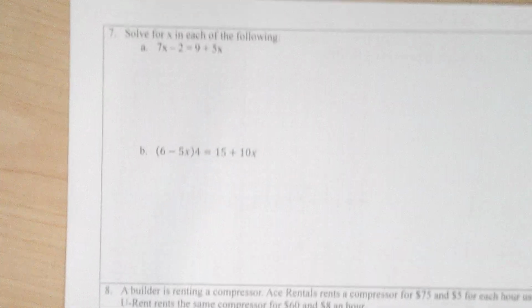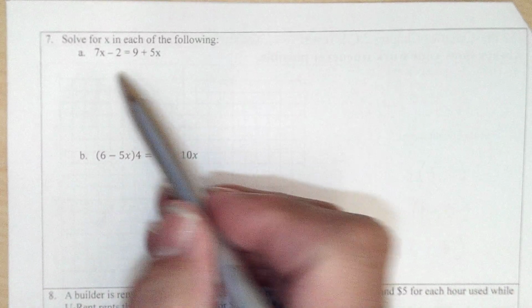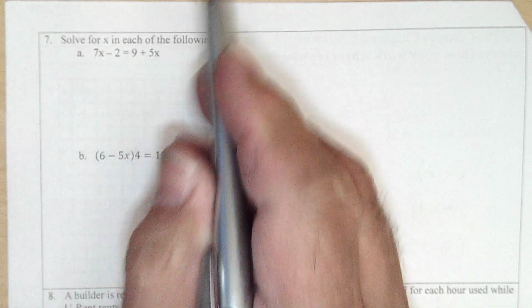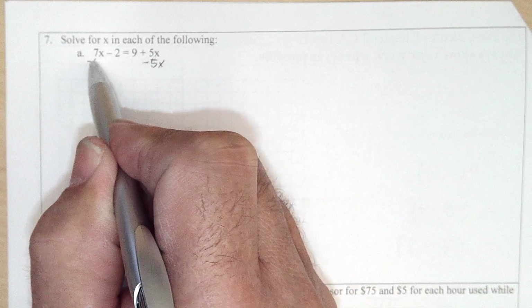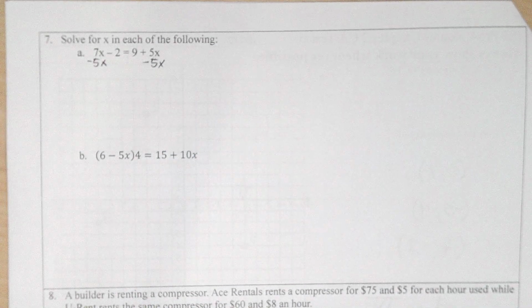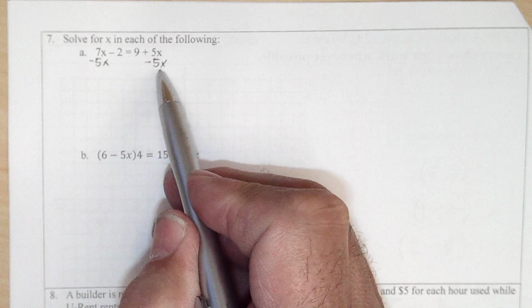Okay, page 2. So we're supposed to solve this for x. I have x's on both sides of the equal sign. I want to collect them on one side, so I'm going to subtract 5x from both sides. I could have subtracted 7x from both sides, but I was looking ahead and I don't want to do 5 minus 7, get a -2.